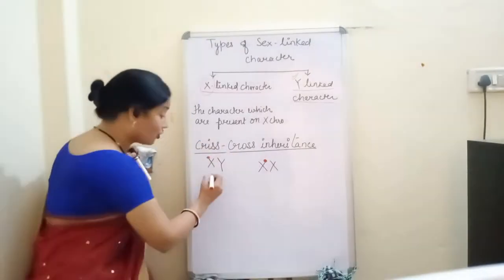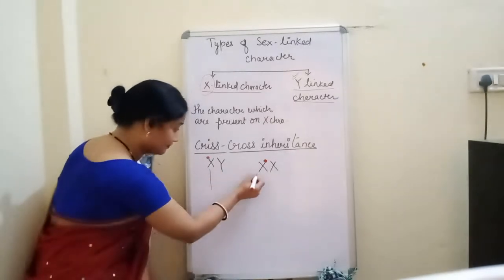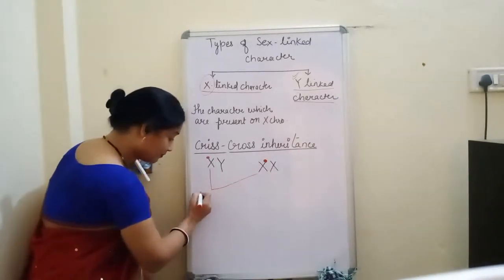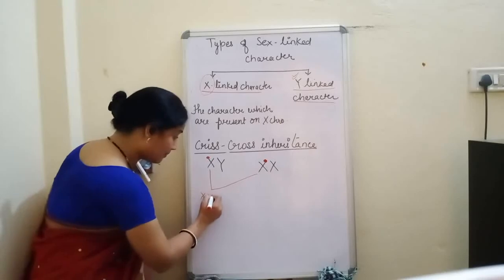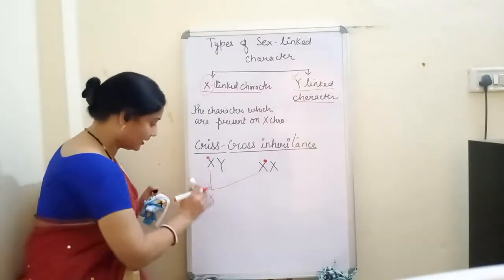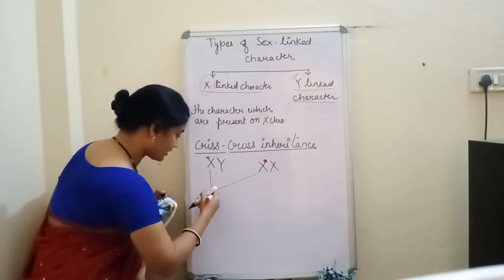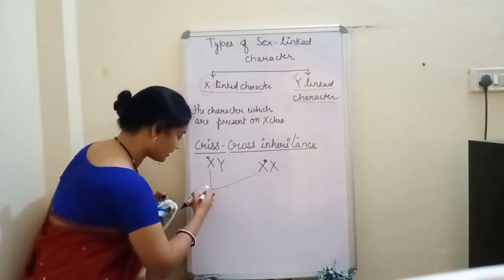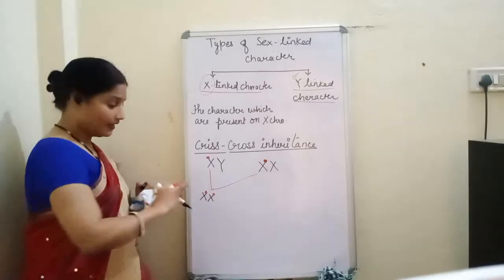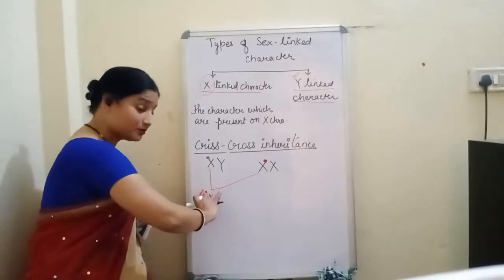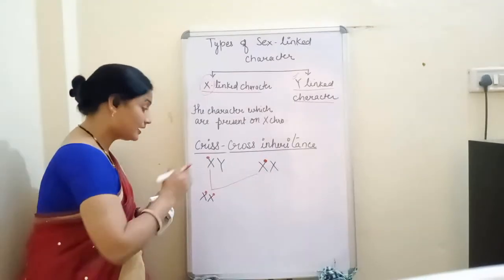If they cross with each other, and suppose this is a baby girl, then the characters are transmitted to the baby girl. Understood?